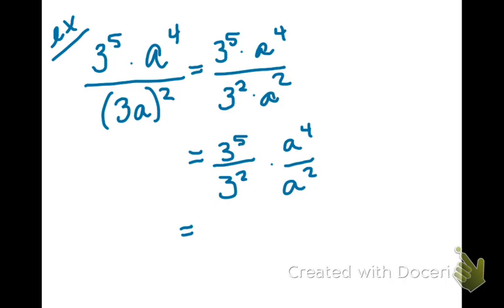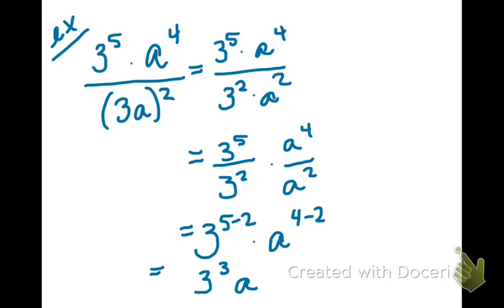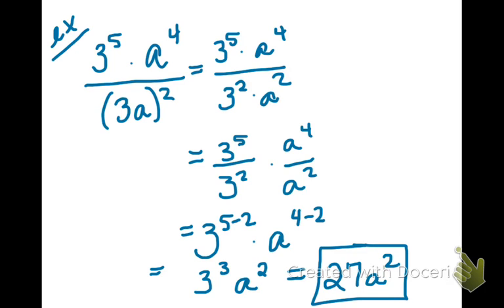Therefore, we can simplify 3 to the 5 minus 2 times a to the 4 minus 2, which would be equal to 3 cubed times a squared, which could then be simplified to 27a squared. So when you have a number raised to a power and a variable raised to the power, a lot of times we actually evaluate the number part of it when we're simplifying.